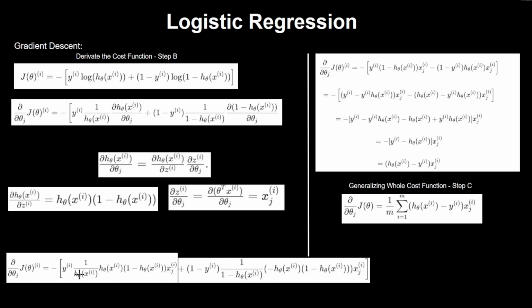After substituting here, you can see this and this get cancelled out. Similarly, on the right side of the plus sign, this and this will be cancelled out. So what we have remaining is yi, this term, and the remaining term here is 1 minus yi, and this one and this one.